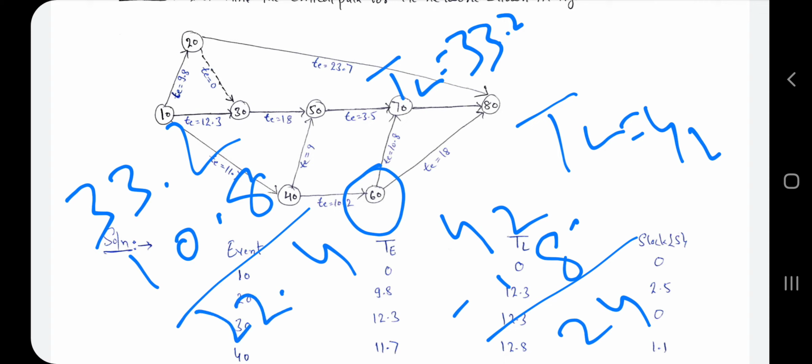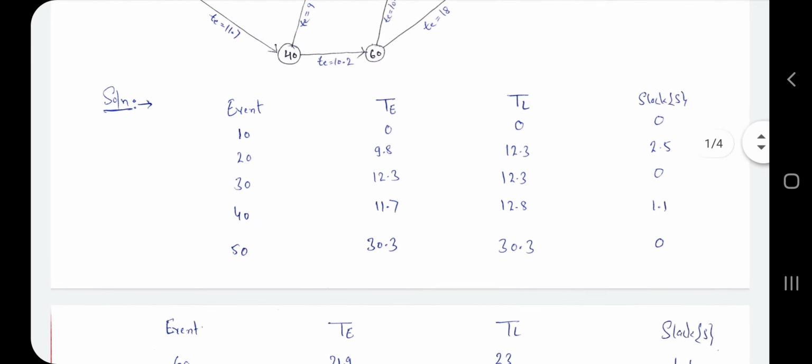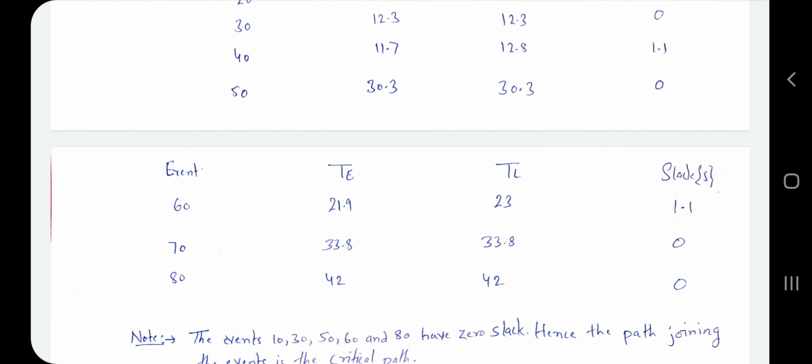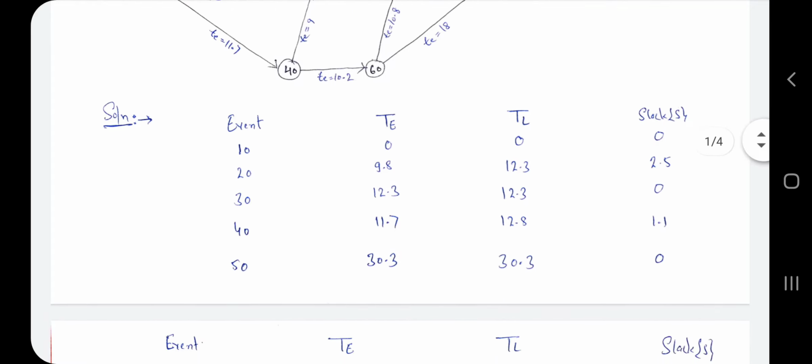We take the lowest value in the case of latest occurrence time, so here the lowest value is 22.4. So at 60 the TL value is 22.4. Here I write 23 because it is 33.2, not 33.8, that's why here we get 23. In this manner we have found the values for TE and TL.